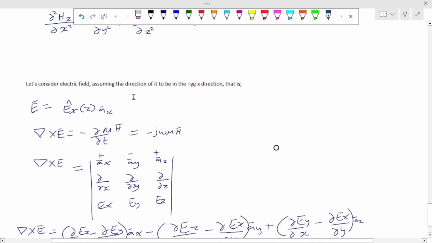Okay, so let's just quickly consider the electric field. Assuming the direction of it to be in the positive x direction. Look at the sign for direction. It's in the x direction, and it has z components.